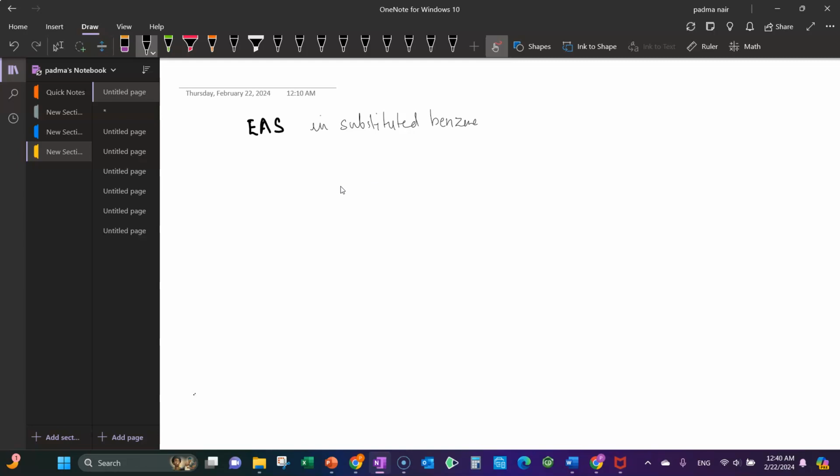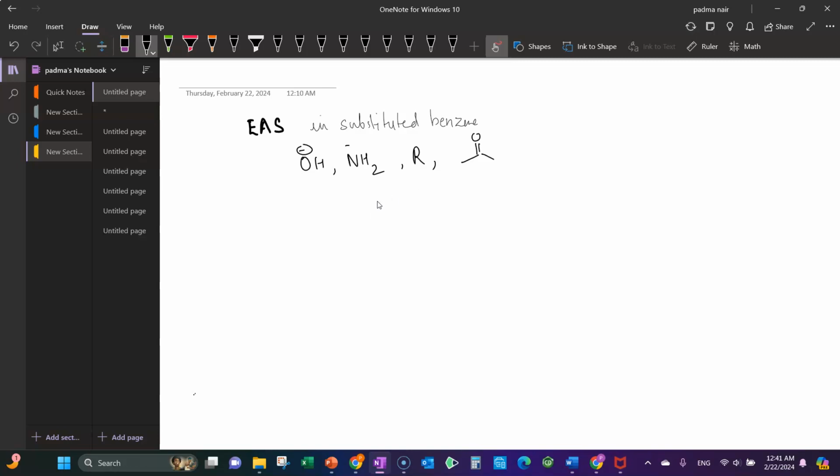Common substituents like OH, or NH2, maybe an alkyl group, or a carbonyl. Okay, these are some of the common substituents that are found.